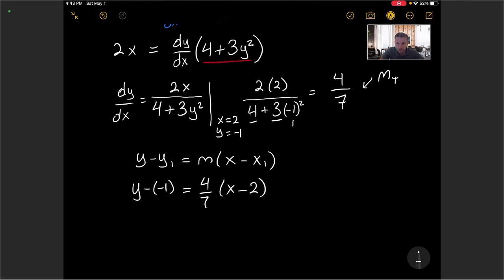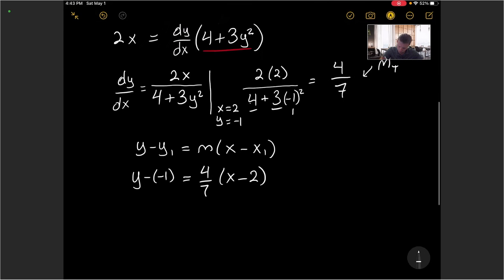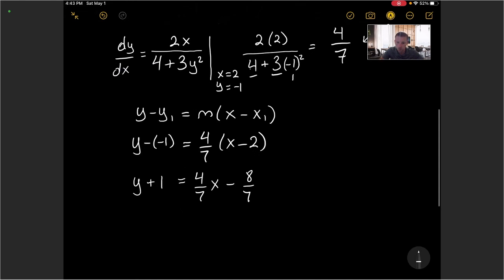We can rewrite this in slope-intercept form if we'd like as well. So we've got y plus 1 equals 4/7 x minus 8 over 7. And if we subtract 1 on both sides, we can give our y in slope-intercept form.